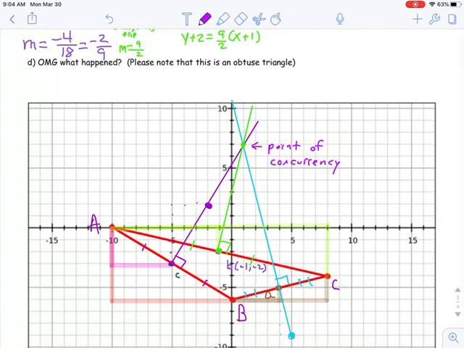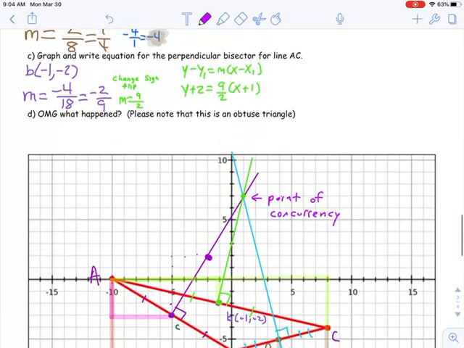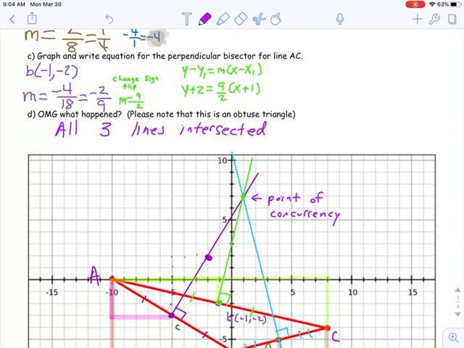But please note that this is an obtuse triangle. All 3 lines intersected at a point outside the triangle.